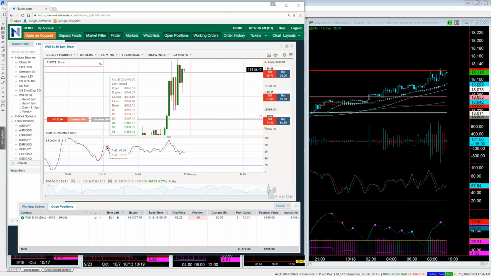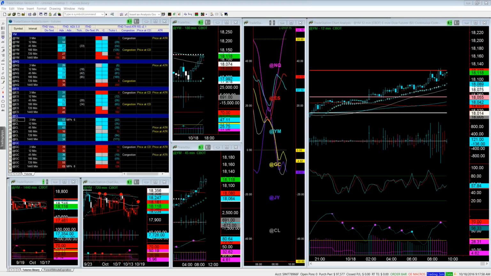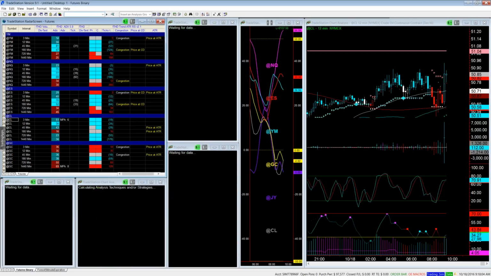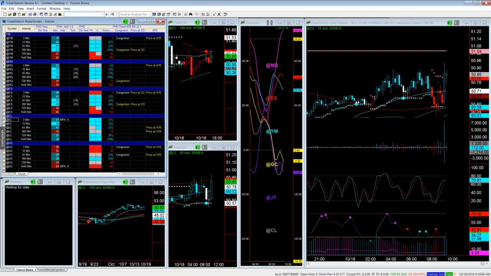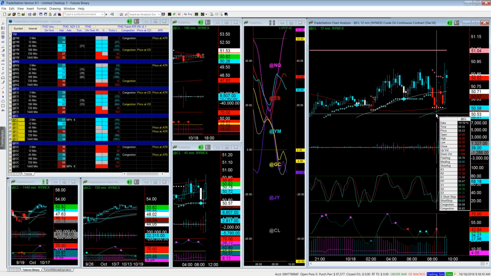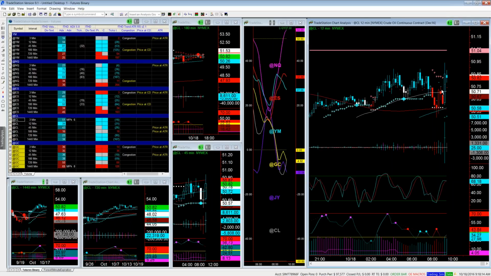While we're waiting on this, let's go look at crude. Again, see how it came back to this congestion dot? These are just patterns that occur all the time with these indicators.